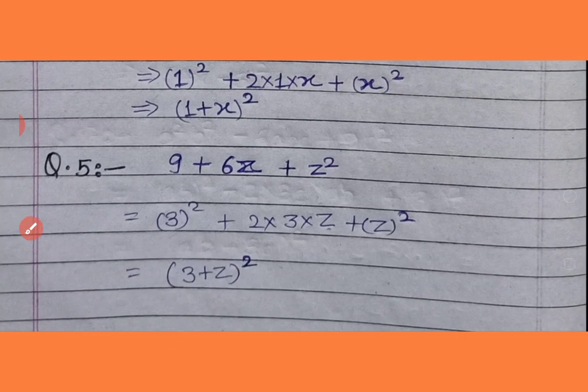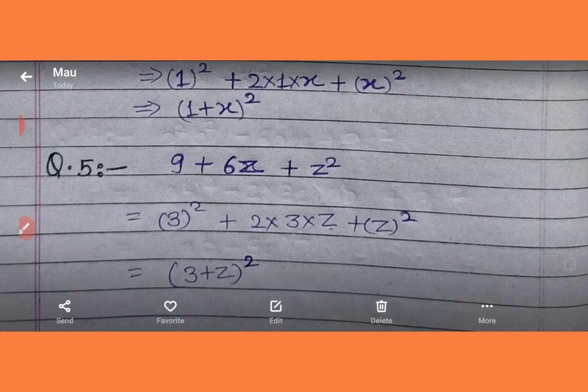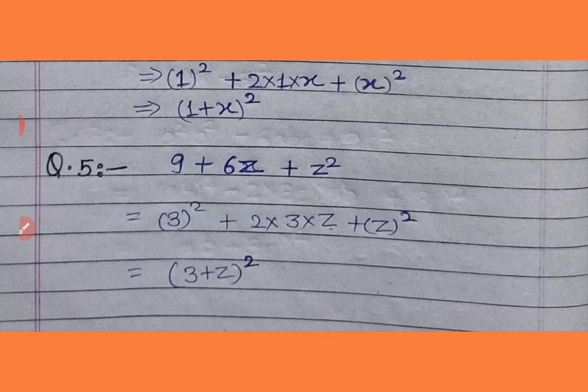Next question is the same. 9 plus 6z plus z square. Here two terms are squares, z square and 9. 9 is the square of 3 and z square is always a square.